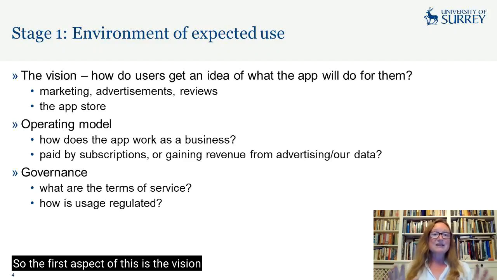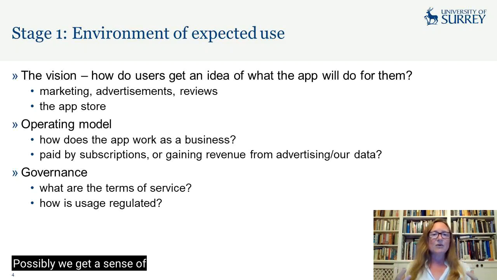So the first aspect of this is the vision of the app and how do users get an idea of what an app is going to do for them? How does it shape our expectations? And here we need to be looking at the marketing, the advertisements for an app, the reviews that it gets, and we need to look at the way that the App Store promotes it to us. So before we've even started using an app, we will have, by these kind of influences, started to get an idea about what kind of things we should expect it to do for us, but also we get an impression of what kind of people use this app, possibly.